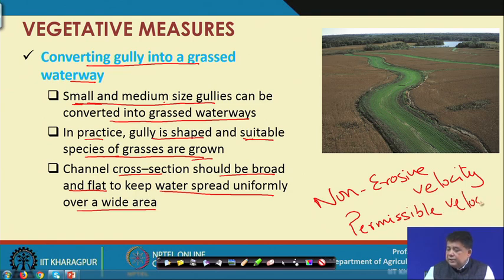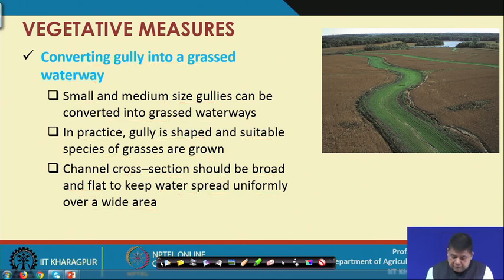Either of these, we have to keep the velocity limited to the non-erosive or permissible value, so that the flowing water cannot cause any erosion. So, that is why the cross section has to be flat enough, so that velocity is limited to within the permissible or non-erosive limits. This we have to take care of.